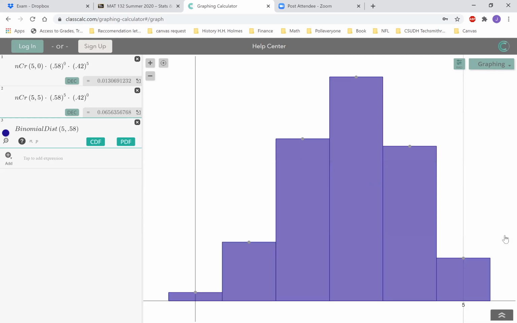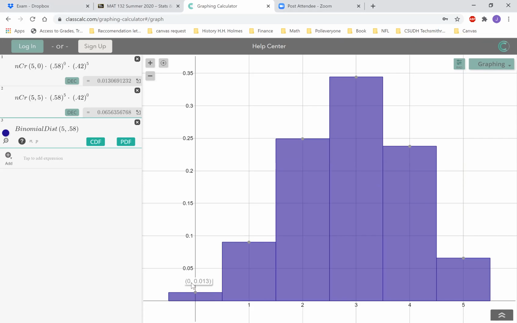If you look at this magnifying glass, it essentially shows you everything. If you click right here, you see how it says 0, 0.013? With that, it gave me that when x is equal to 0, p of x is equal to 0.013.